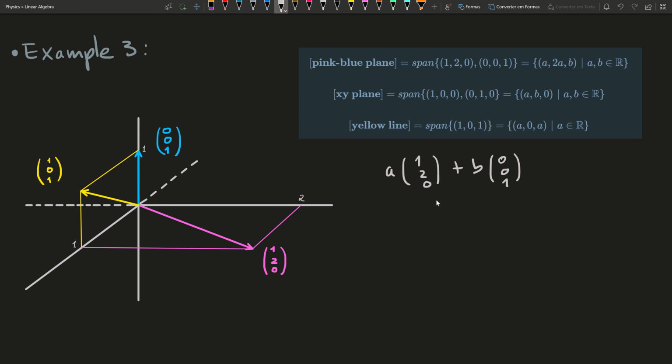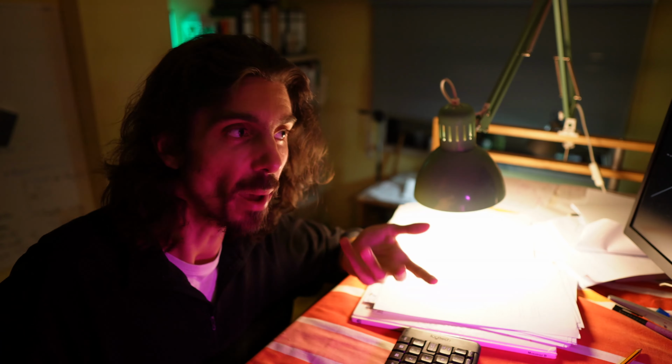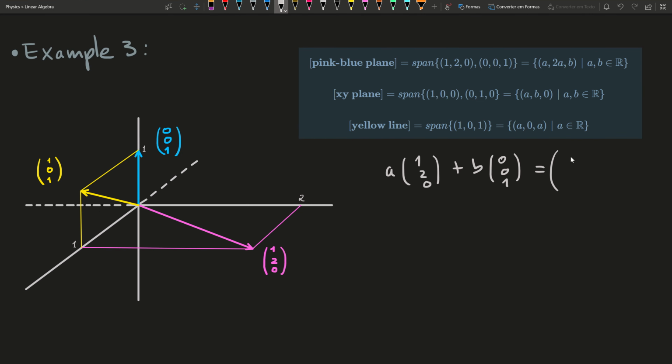So every vector in the pink-blue plane has this form, but I can write it more compactly as the vector with three entries: a, 2a, 0 because b times 0 is 0, and a times 0 plus b times 1 is b, which is again what you find here.